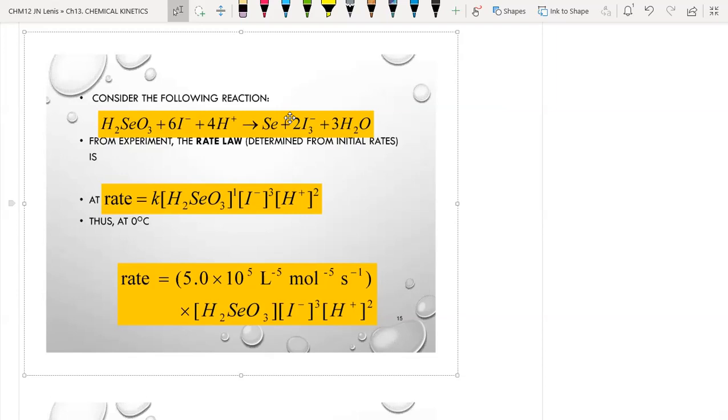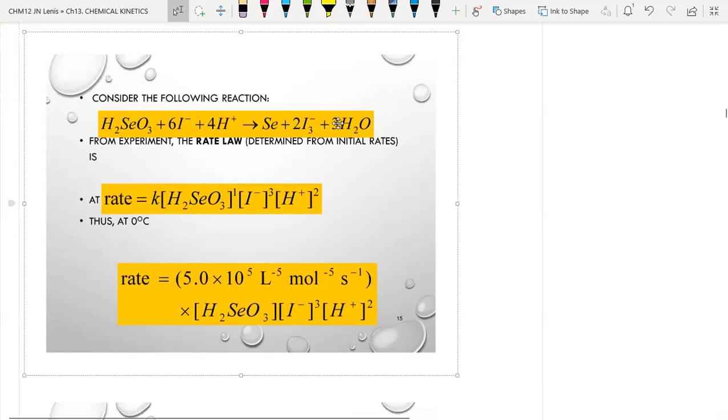Also, at 0 degrees Celsius, they calculated the rate law for that. So look at the expression of the rate law and notice that the stoichiometric coefficients have nothing to do with the exponents. The order of the reaction has nothing to do with the stoichiometric coefficients of the balanced reaction.